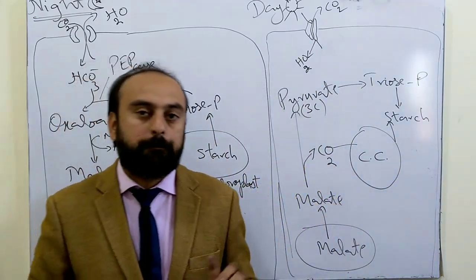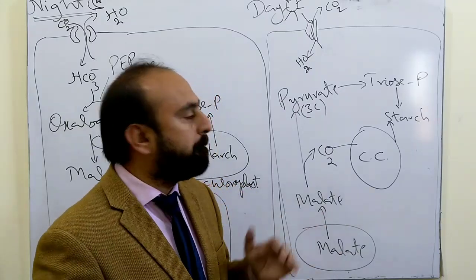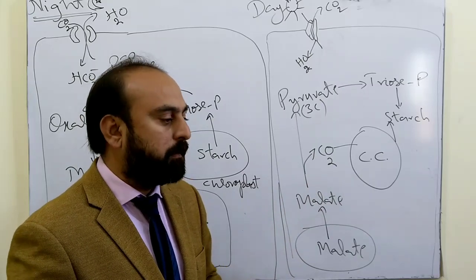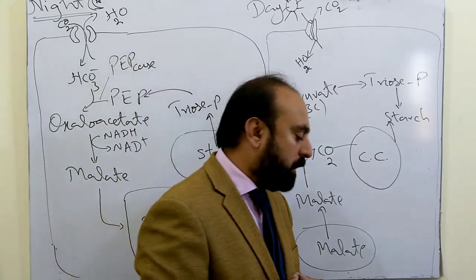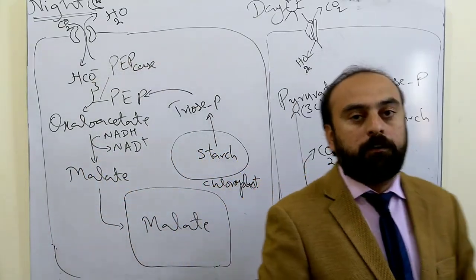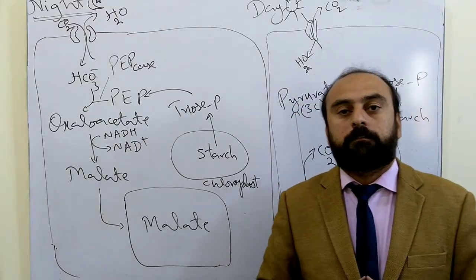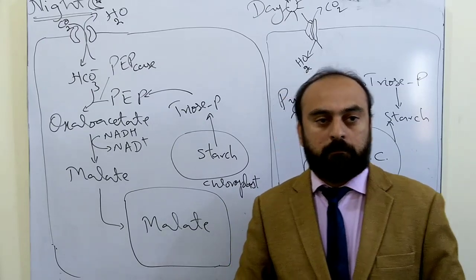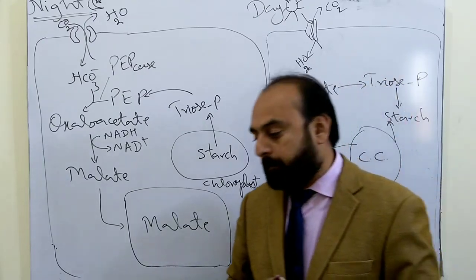This is the evidence that the CAM pathway came earlier than the C4 pathway. CAM plants are about 10% of total terrestrial plants, whereas C4 plants are only 3% of terrestrial plants.